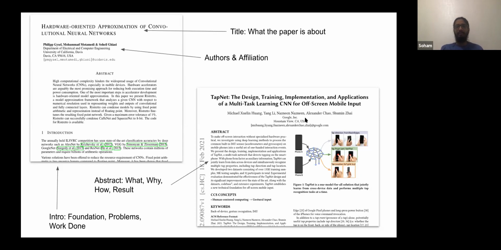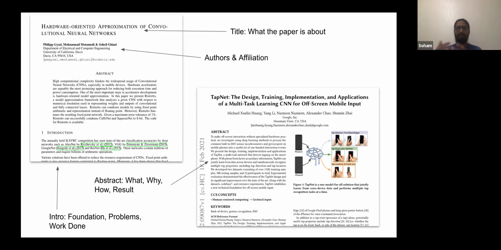This just tells you who worked on the research paper, and oftentimes the order in which the authors are written will tell you how much each person worked on the paper.